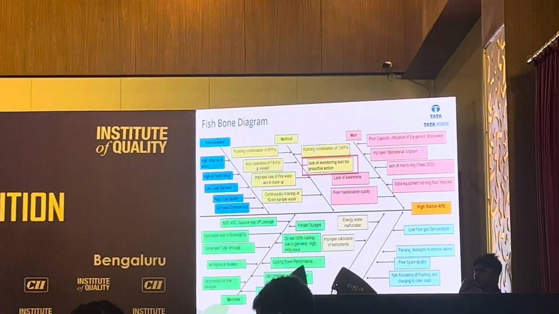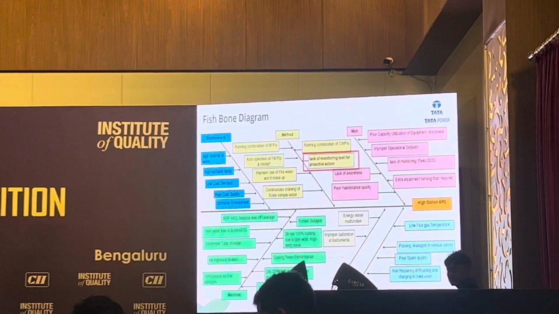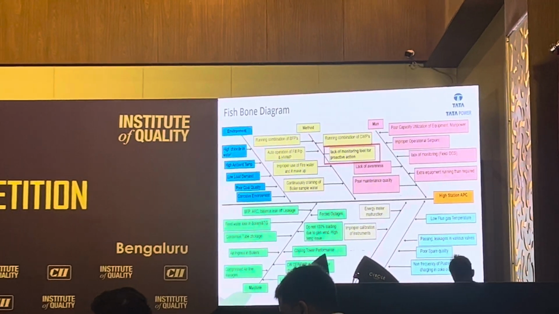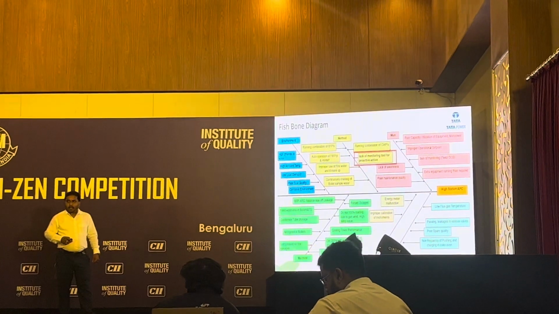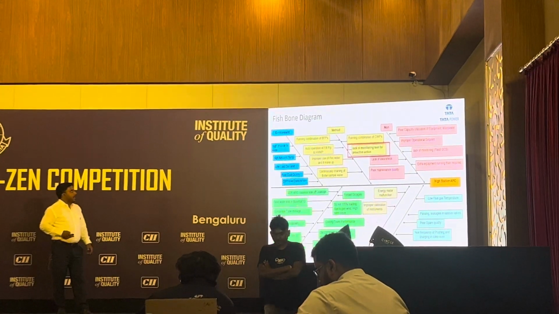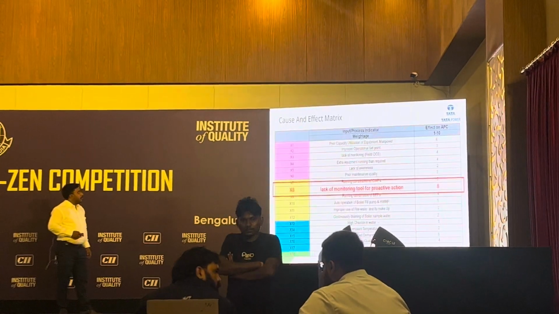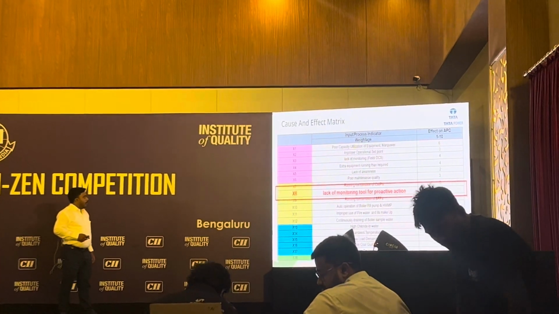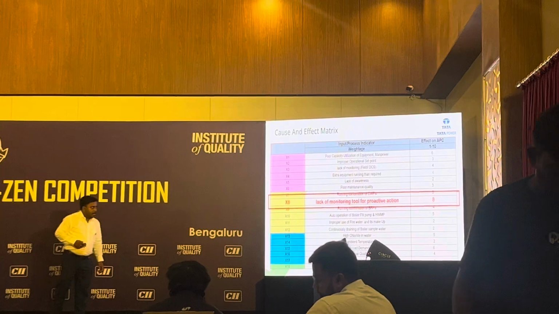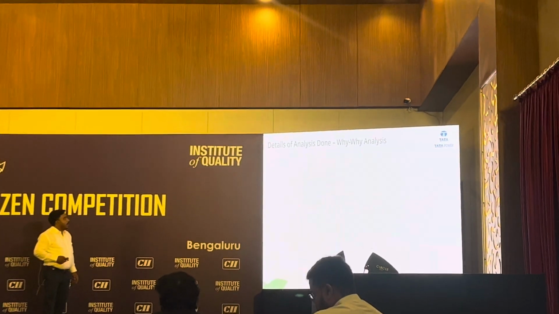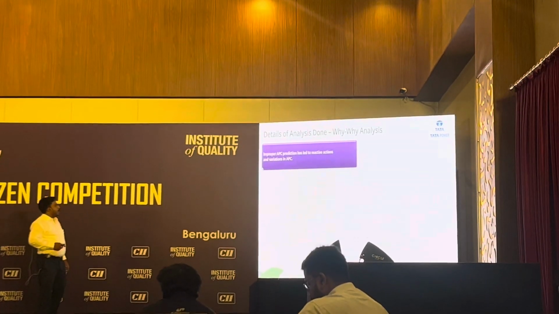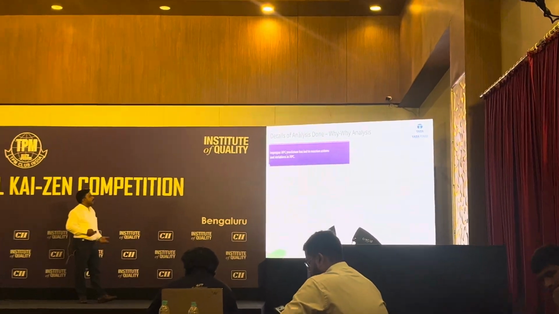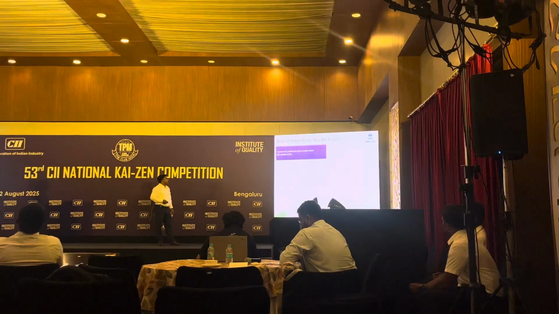So we further developed the cause effect matrix and fishbone diagram, and from that one of the major causes was the lack of a monitoring tool for proactive action on real-time adversaries. That was missing in our case. Based on the cause effect matrix, we took up this cause of lack of a monitoring tool for proactive action, and did a deeper why analysis. From the why analysis, we found that improper APC prediction led to reactive actions, and variation of APC was observed.